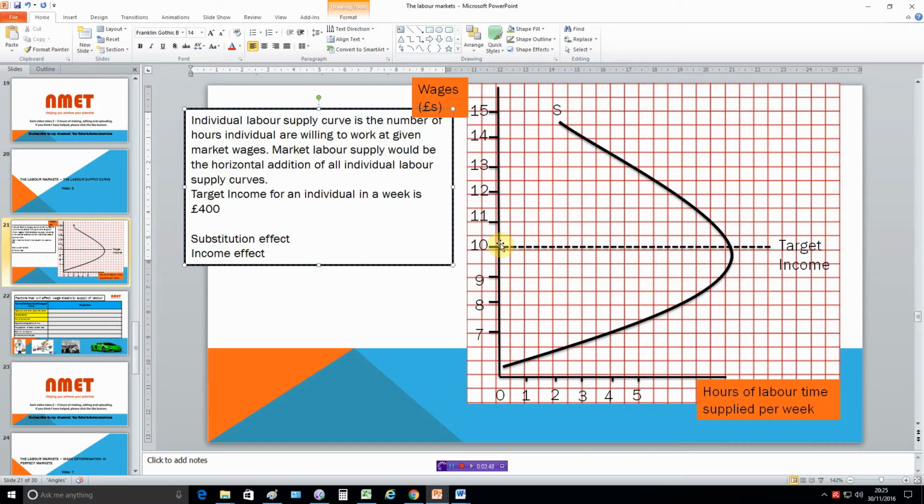If the individual was being paid, let's say, £8 an hour, and then up to £10 an hour, he would be willing to work 40 hours because that would make his £400. So in this part of the diagram, as the wages are increasing, the hours of labor supplied are increasing.